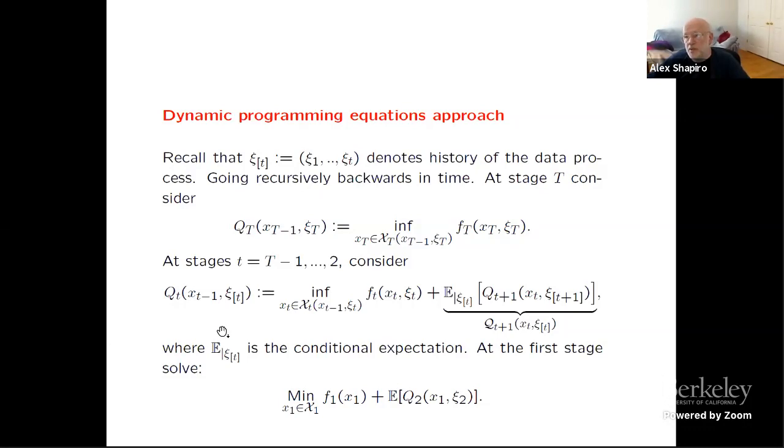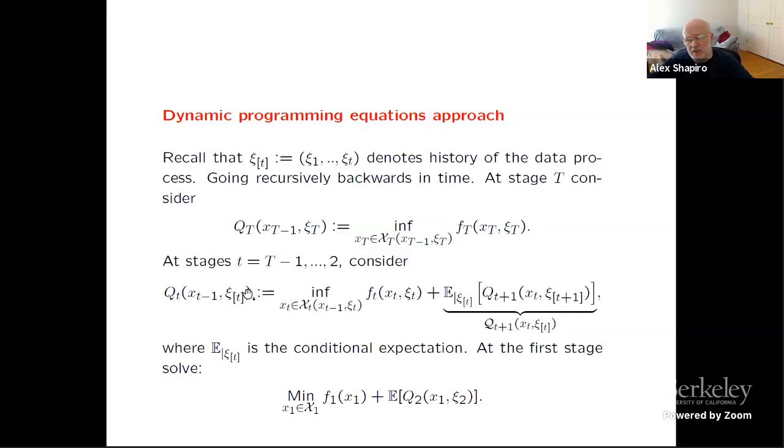But one of the main questions here is, how can I put this function in a computer? Because when I go backward in time, as everybody does, I have to keep the function values. Only in very simple cases is it possible to write it analytically.